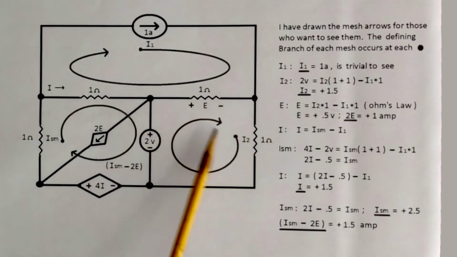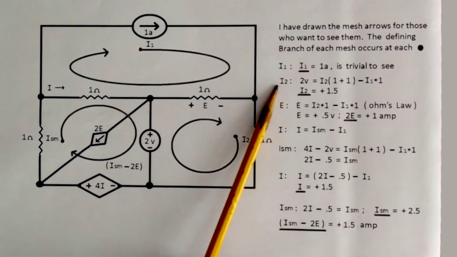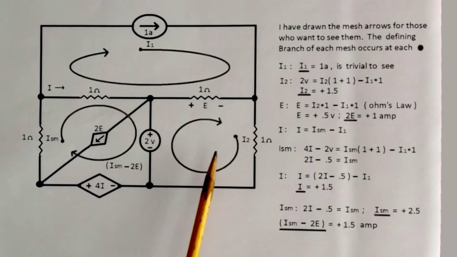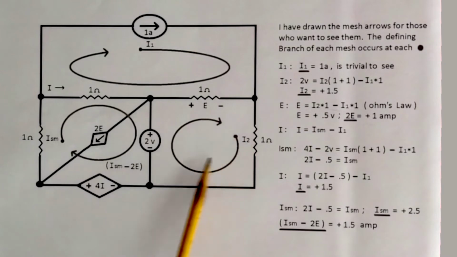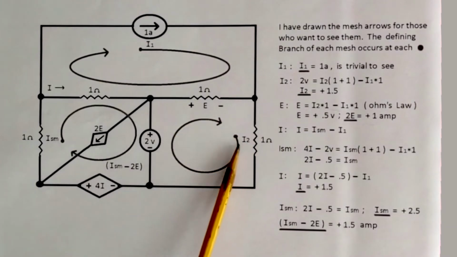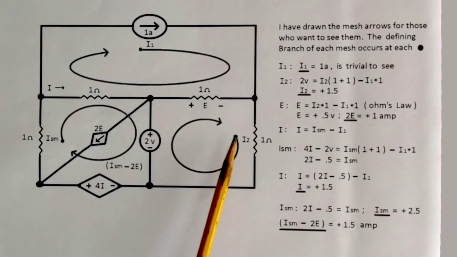The equation for the mesh current I2 is beyond the scope of this presentation. You can write the equations for the mesh loops any way you want. Typically you might traverse, if that's how you want to do it.